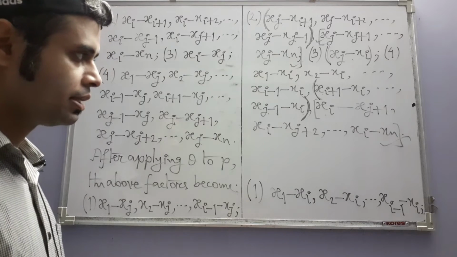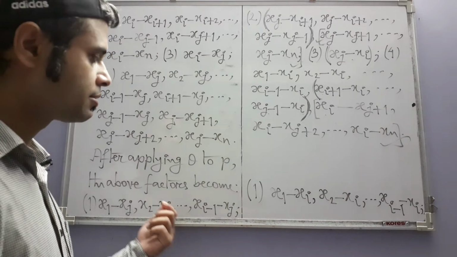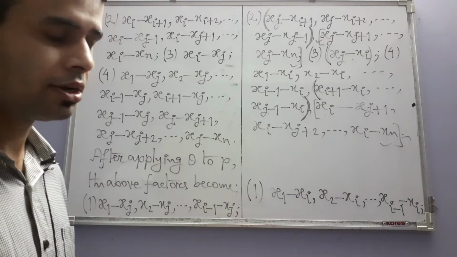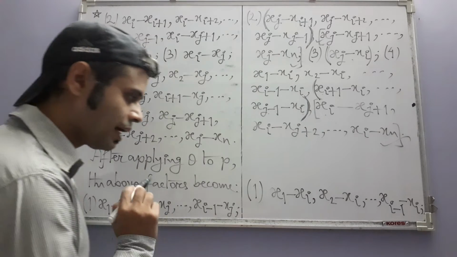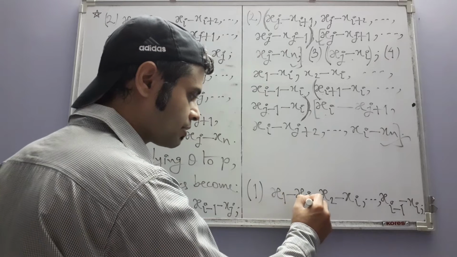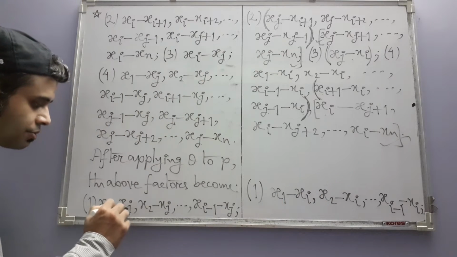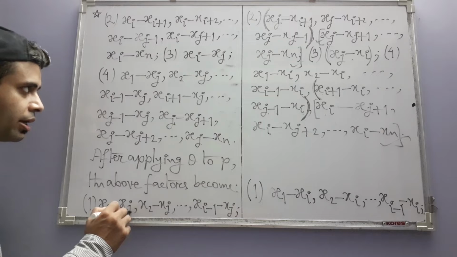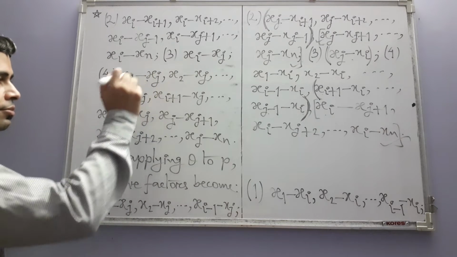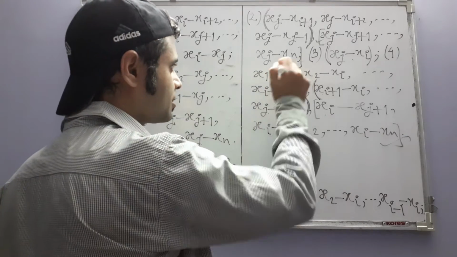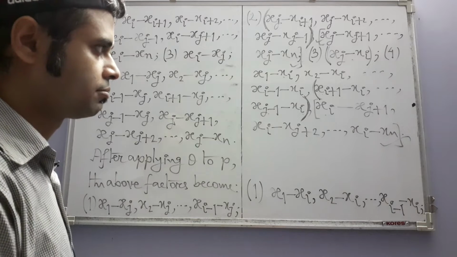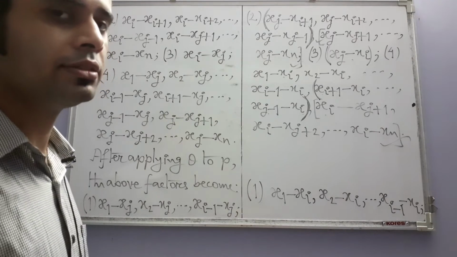Because if that is so, then just simply sign changes are not enough to get back P. No, we have not lost factors. Just like in place of x1 minus xi, we have got x1 minus xj, somewhere we have x1 minus xj also. That has changed to x1 minus xi. So it's just shuffling, not taking things out.